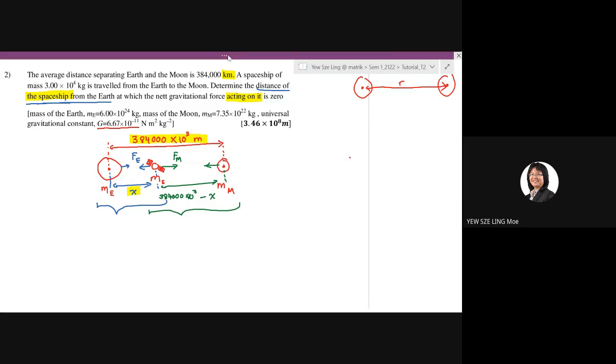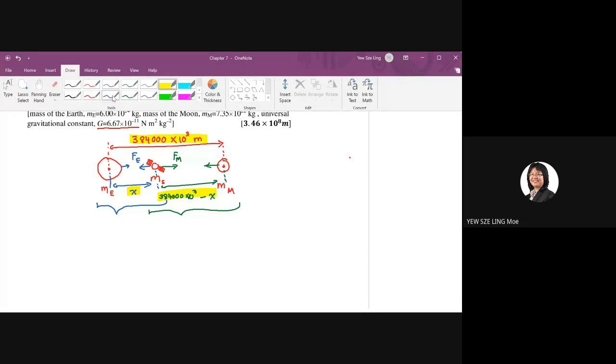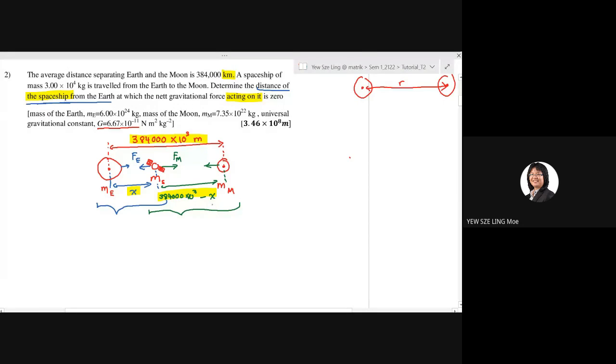In that way, I keep the unknown at 1 and do not generate a new unknown. I'm still keeping just x only. I don't want more unknowns in my equation, because that would make the question hard to solve if you have too many unknowns.